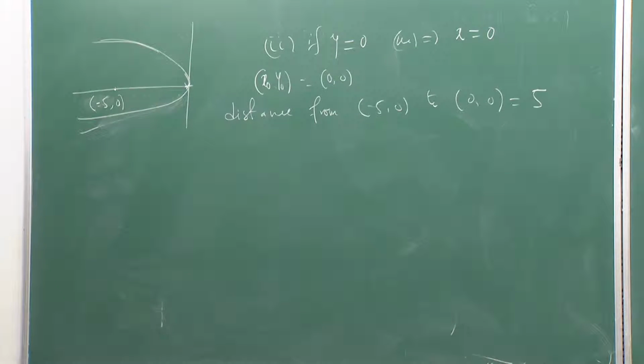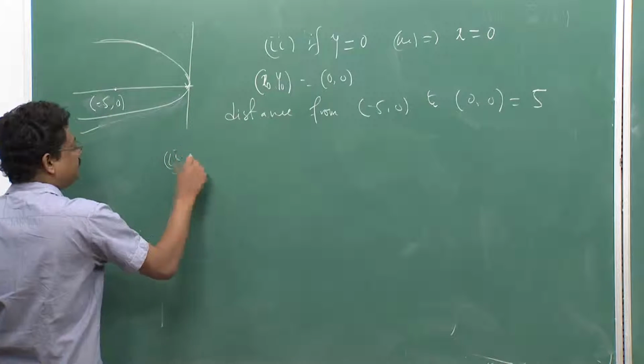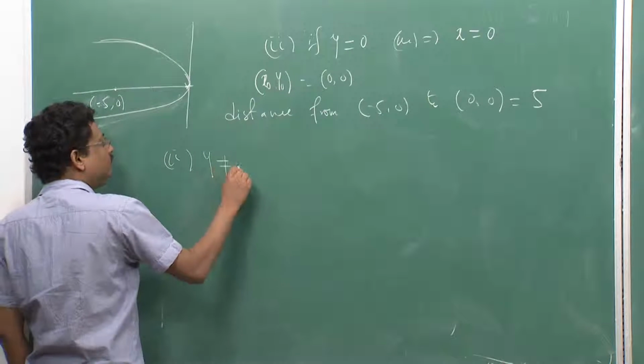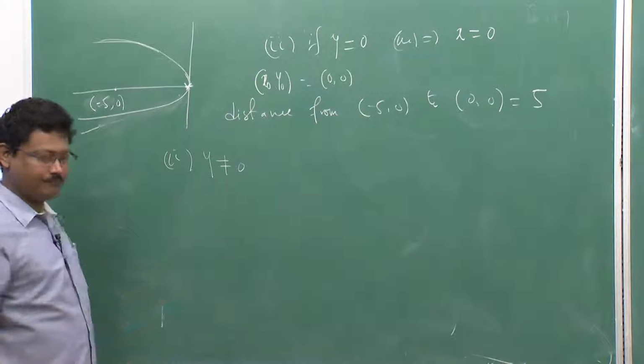Well, again look at 2. If y not equal to 0, so I get this point which is a saddle point for h.